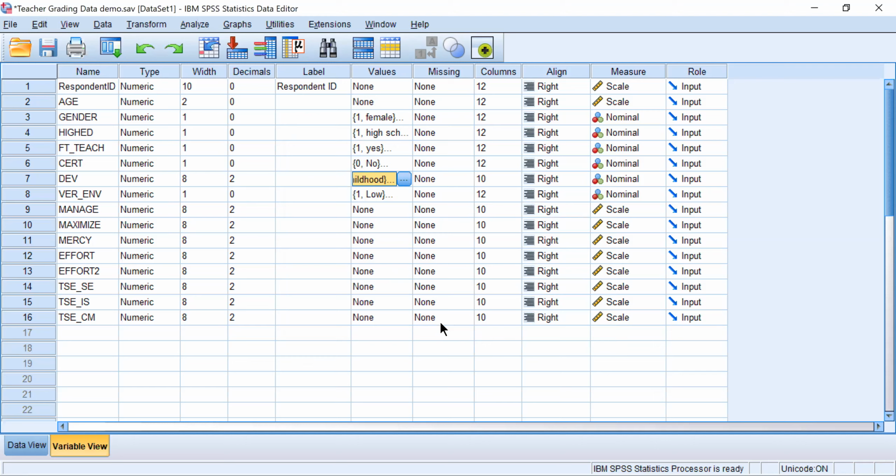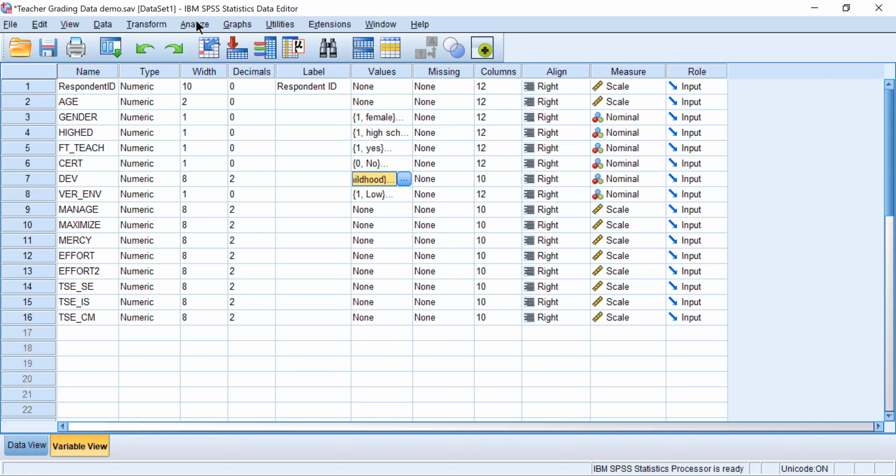So the first thing is we're going to look at our continuous variable, which is age. You can see that age is a continuous variable. It's a numeric variable that is on a scale level of measurement, which would be interval or higher. And to see what the distribution of a continuous variable looks like, there are a number of methods that you can use in SPSS.